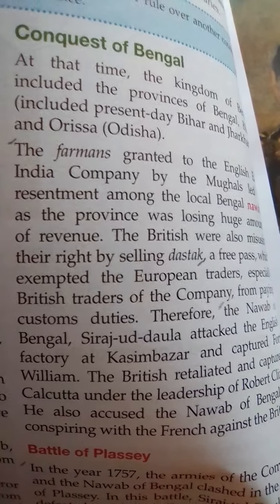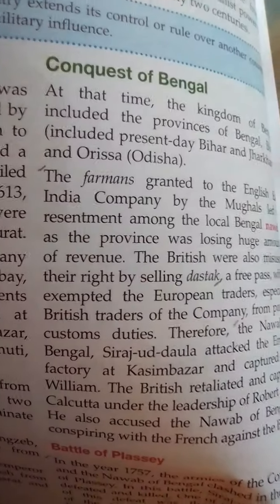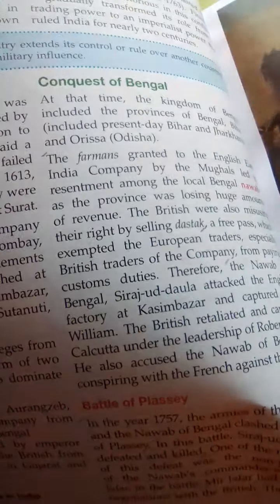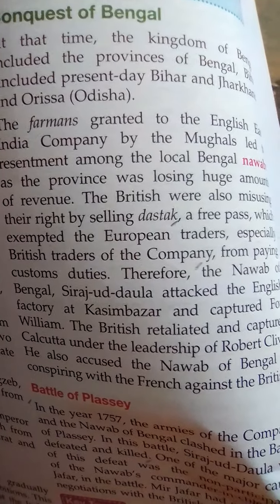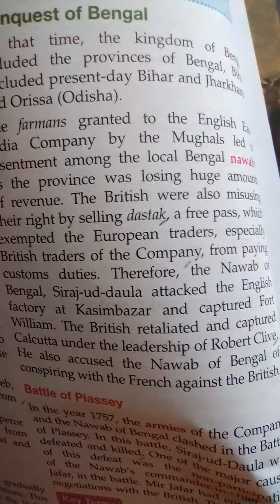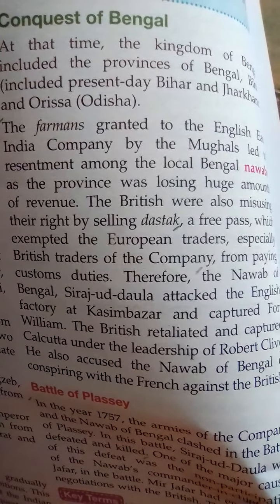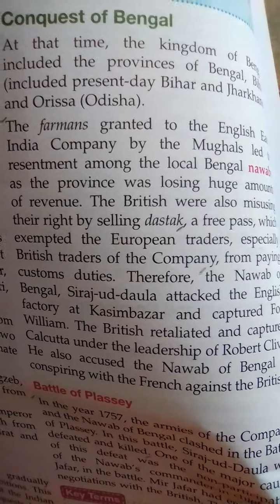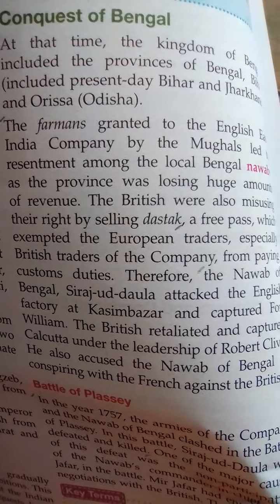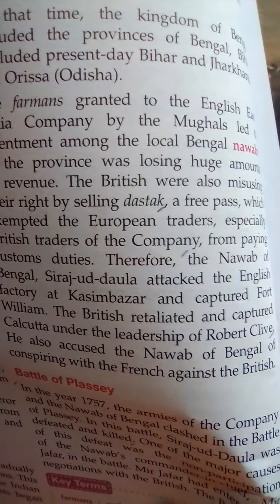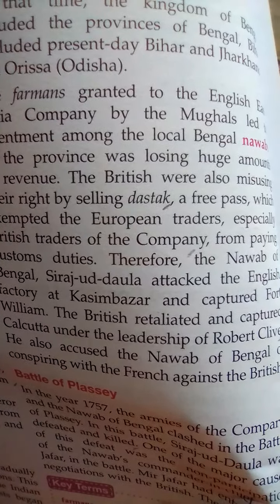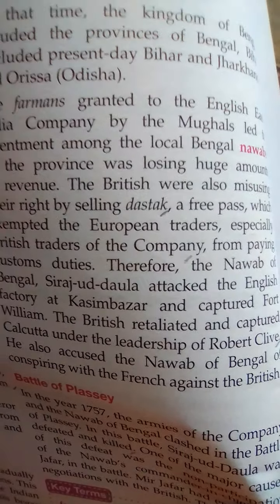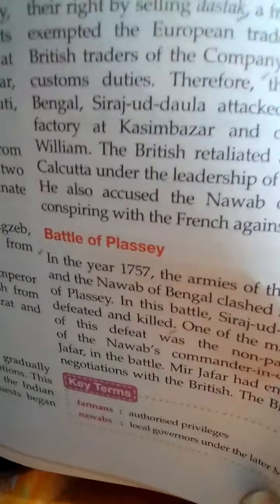The British were also misusing their right by selling dastaks. A dastak is a free pass which exempted European traders, especially British traders of the Company, from paying customs duties. Therefore, the Nawab of Bengal, Sirajuddaula, attacked the English factory at Kasim Bazar and captured Fort William. Now, this led to the Battle of Plassey.